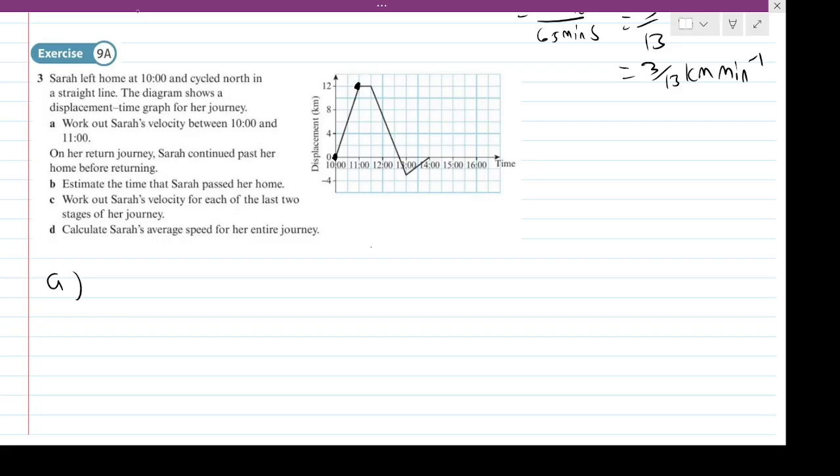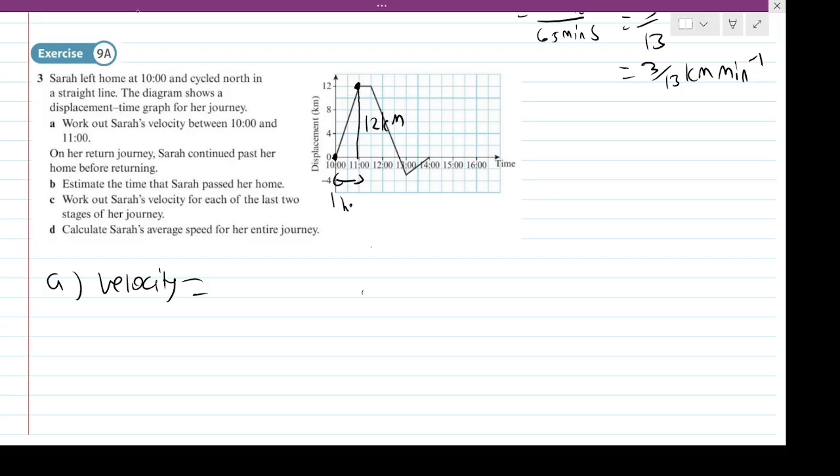So the velocity is just the gradient of the line, which is changing displacement over changing time of this line. The displacement is 12 kilometers, and the time from 10 o'clock to 11 o'clock is 1 hour.